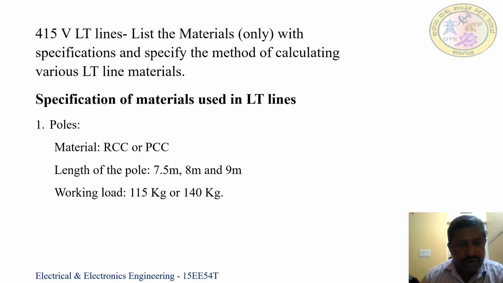So material is RCC or PCC. RCC means reinforced cement concrete. PCC means pre-stressed cement concrete. Length of pole is 7.5 meter, 8 meter and 9 meter and the working load is 115 kg or 140 kg.